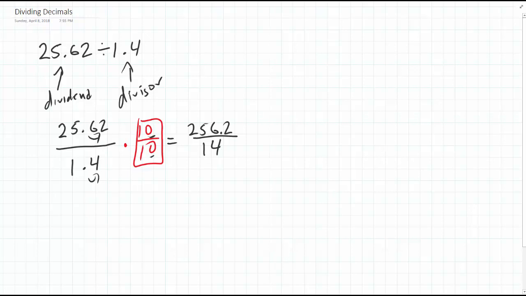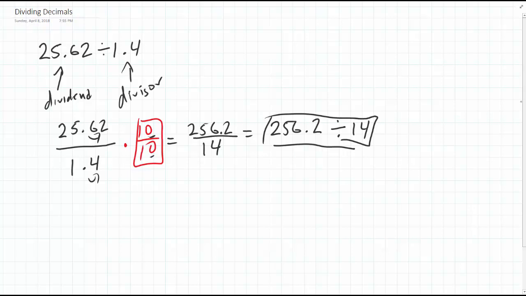So this new fraction, 256 and 2 tenths over 14, is, if we think of it as division, 256 and 2 tenths divided by 14. Now we have a division expression that we could work with, and we can use long division now.